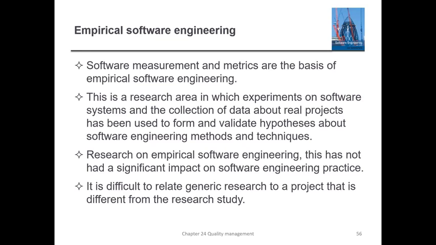It is difficult to relate the generic research process to a project, because generic research is just a study, but a project has the implementation part and the experimentation part, which is not that related to research. You can have the idea, but how to implement it is a difficult task. That's the reason software measurement and metrics are based on empirical software engineering.